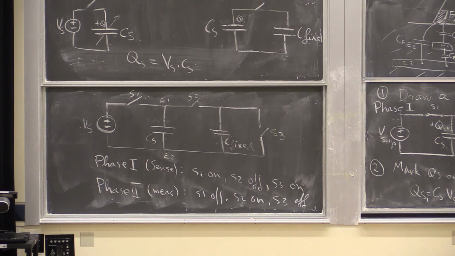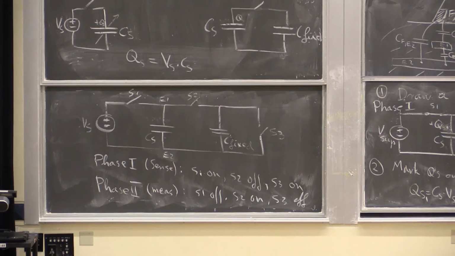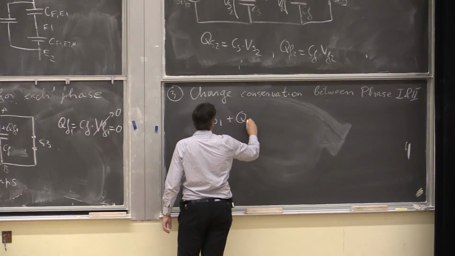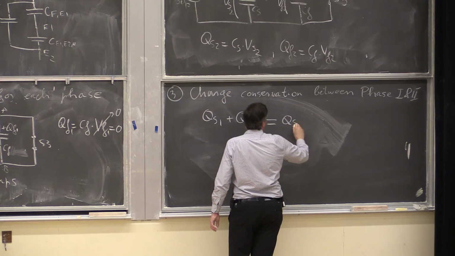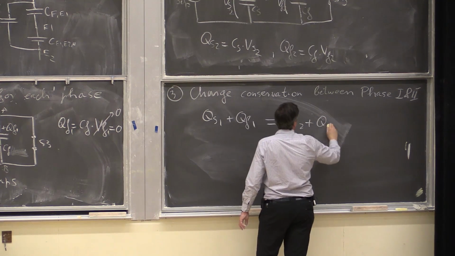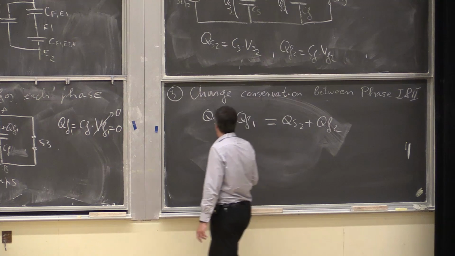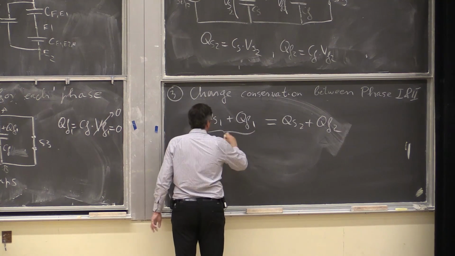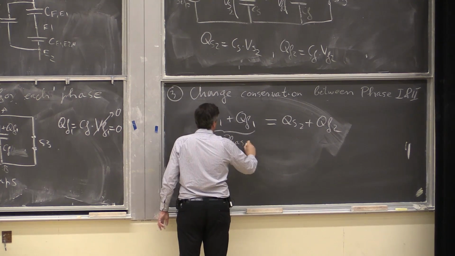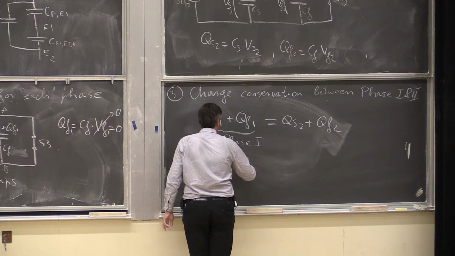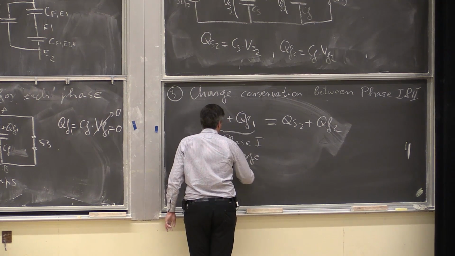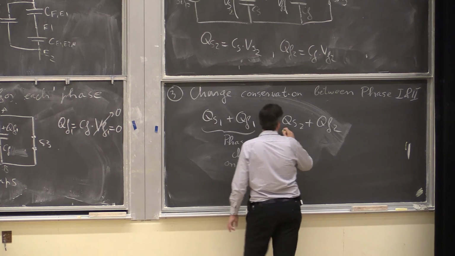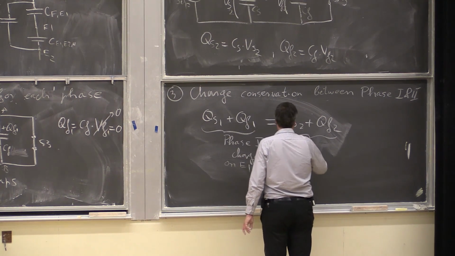And I can write the charge as QS1 plus QF1, so this is phase 1, equals QS2 plus QF2. This is the phase 1 charge on E1, and this is phase 2.